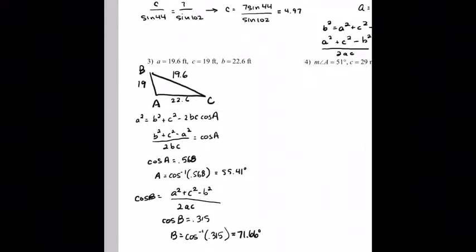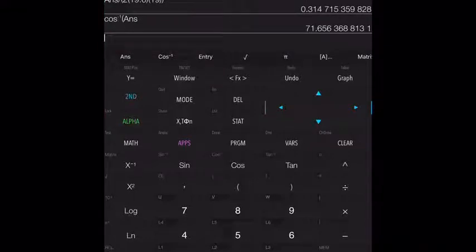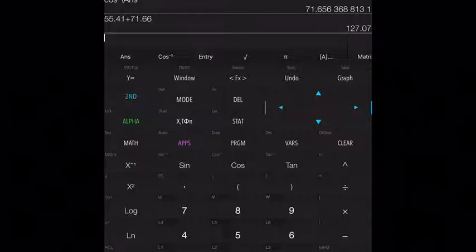And since we know two of the angles now, we can add them together and subtract from 180. So it was 55.41 and 71.66. And then we could subtract that from 180.